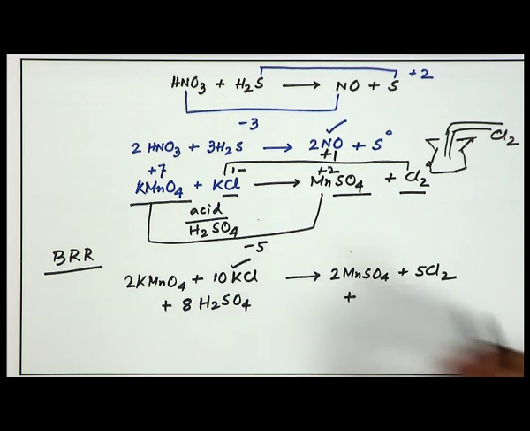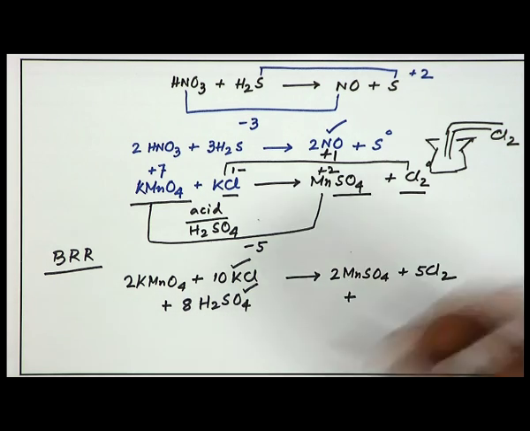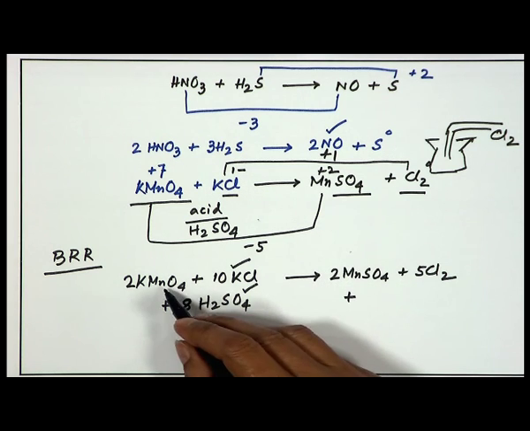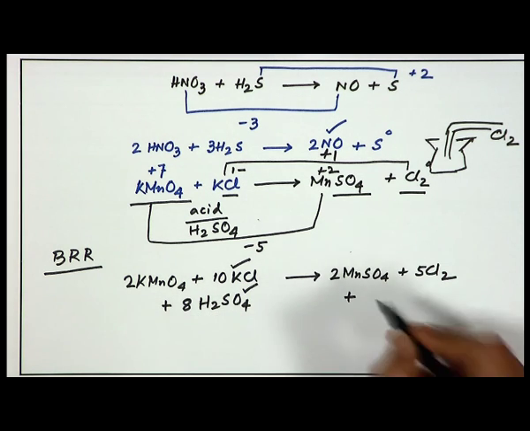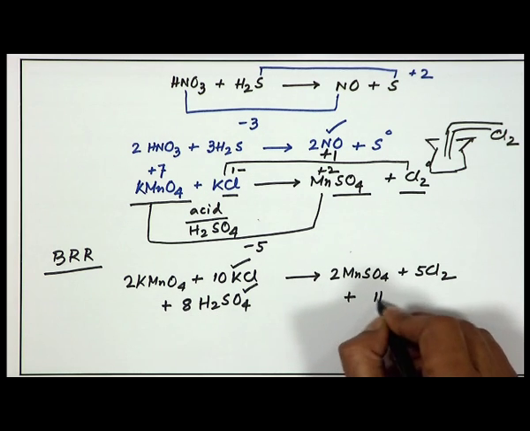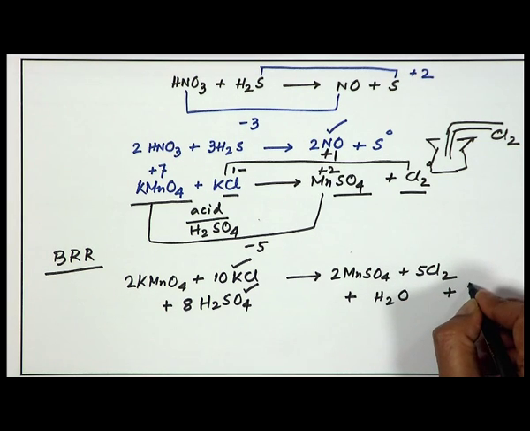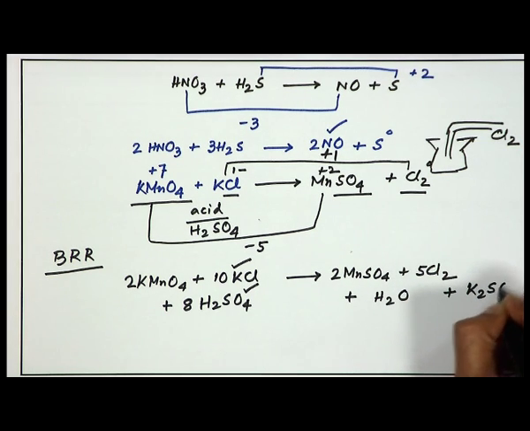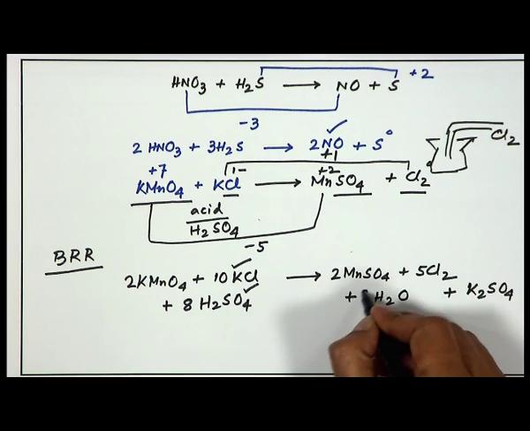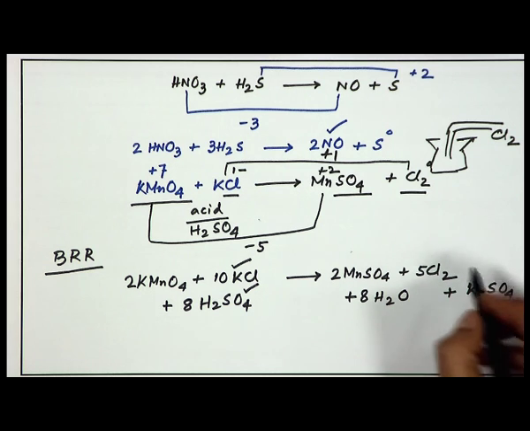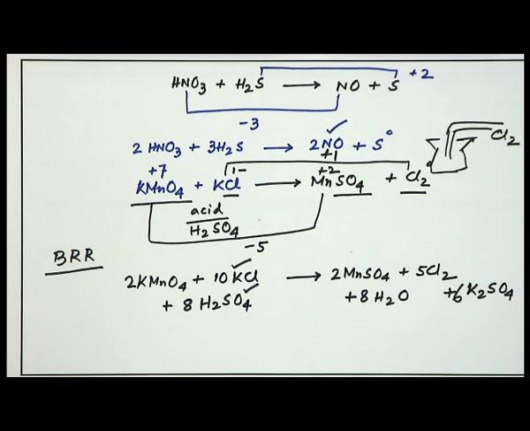Because this cation and this anion are in excess, along with the hydrogen ions, and the oxygen coming from the permanganate, water forms. So, the byproducts of the reaction are K2SO4, potassium sulfate, and water, and balancing gives 8 water molecules forming along with 6 K2SO4.